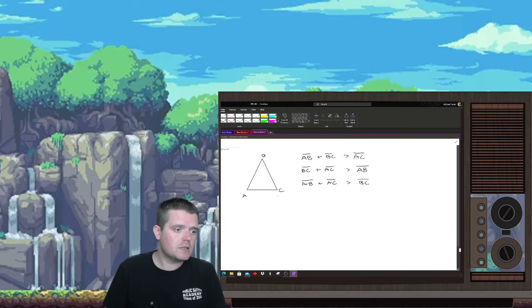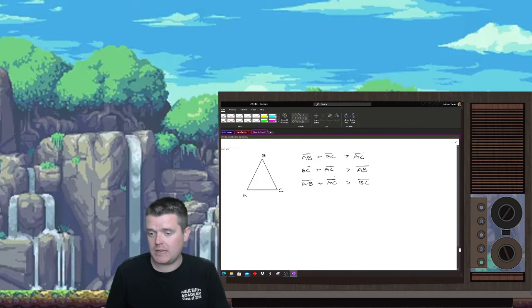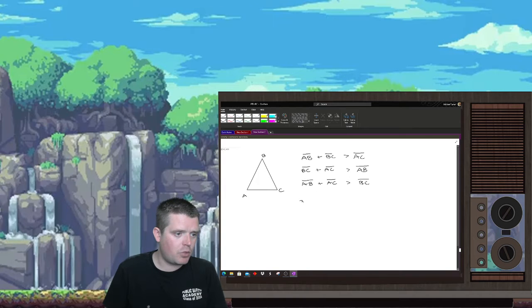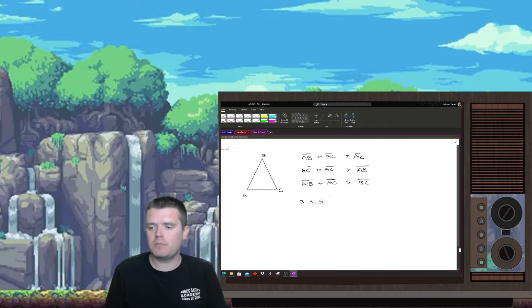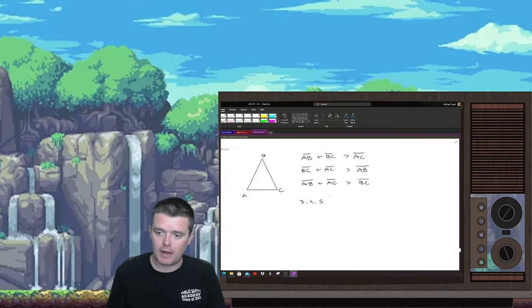So any two sides, the sum has to be greater than the third side. What this looks like for the first part of your assignment is I'll give you three measurements, and you're just asked, can these make a triangle? Why or why not? So for instance, let's say I have 3, 4, and 5. I could ask you, can these measurements, and I might give you units, I might not, form a triangle?